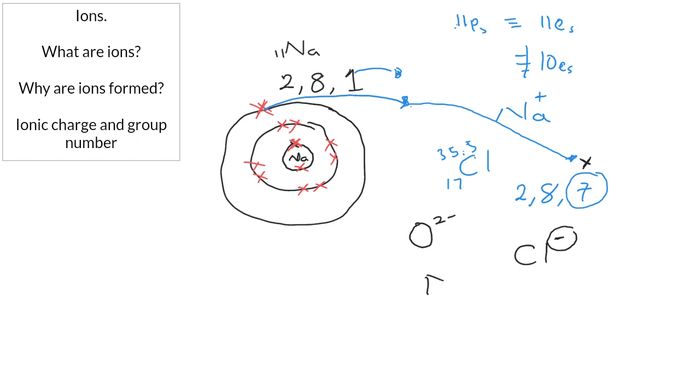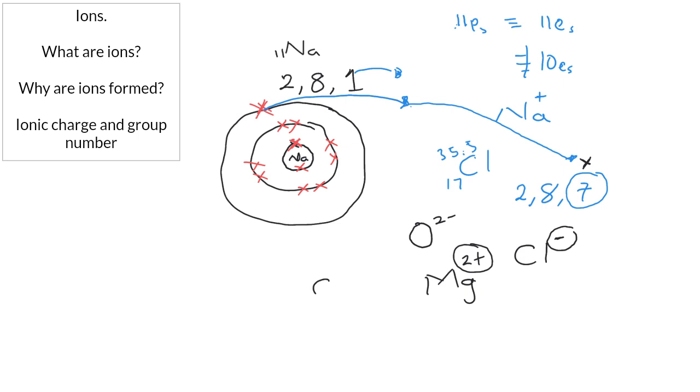If the element loses 2 electrons, like in the case of magnesium, remember I said it earlier, magnesium is in group 2, and group 2 elements will be able to lose 2 electrons. So when they lose these 2 electrons, they are written as Mg2+ to show that they lost 2 electrons.